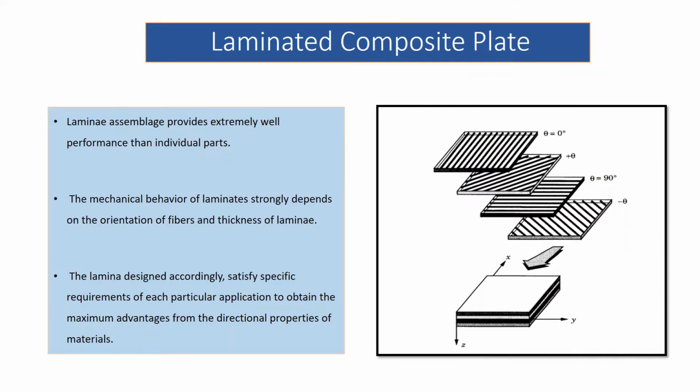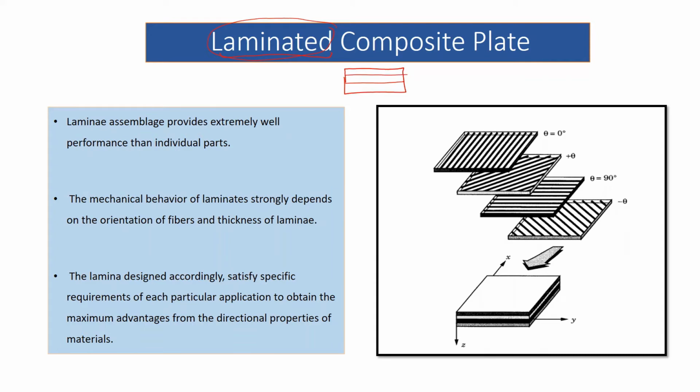Now we have understood the lamina. Now there is the term laminate. What is the meaning of laminate? A laminate is a complete plate which is made from many lamina.